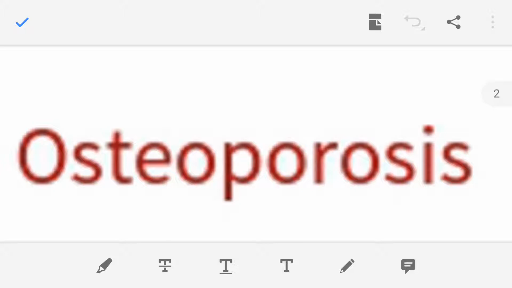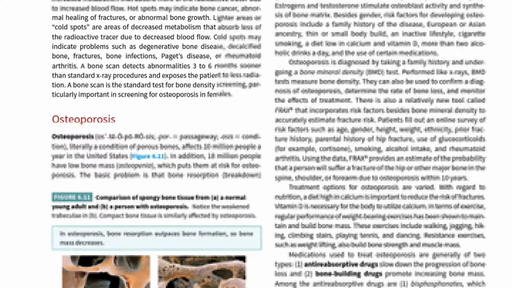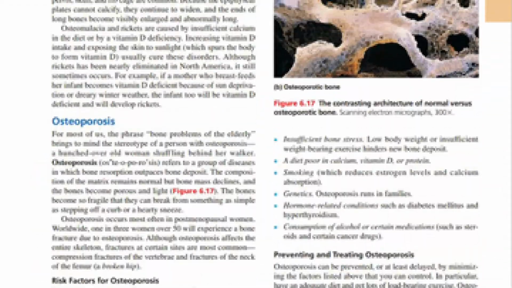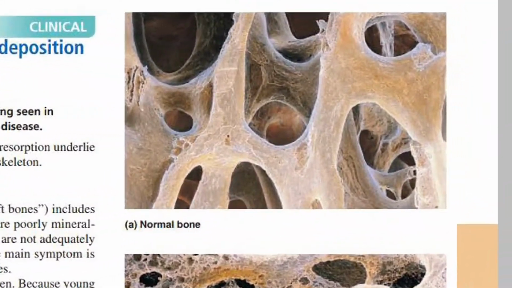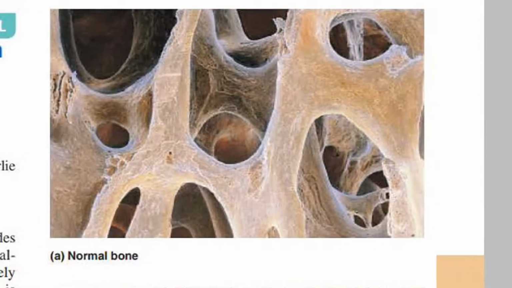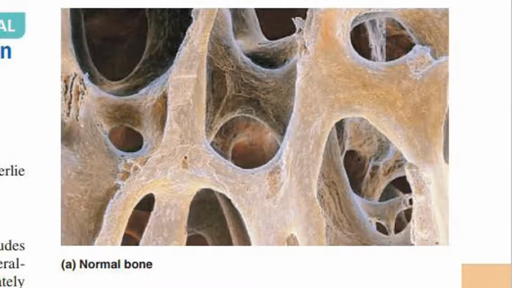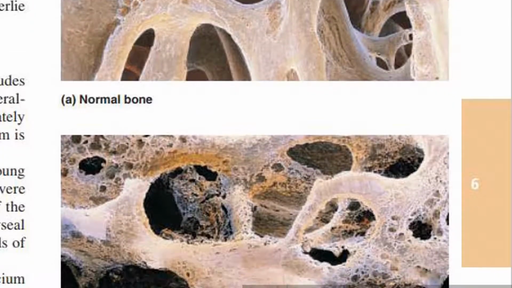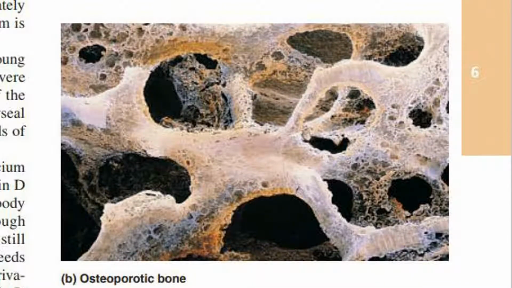Now, before we start our discussion on osteoporosis, I would like to show you some figures. In these figures, you will see a comparison between normal healthy bone, shown in this figure, and this one, the osteoporotic bone.